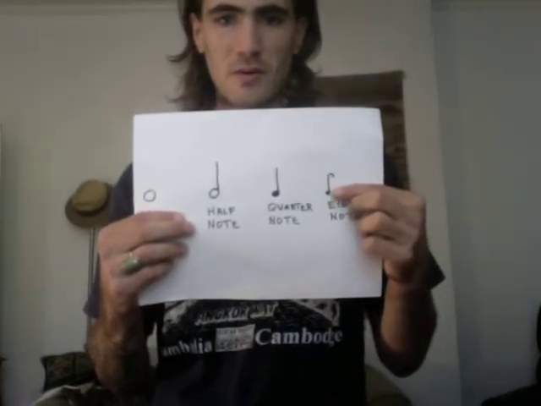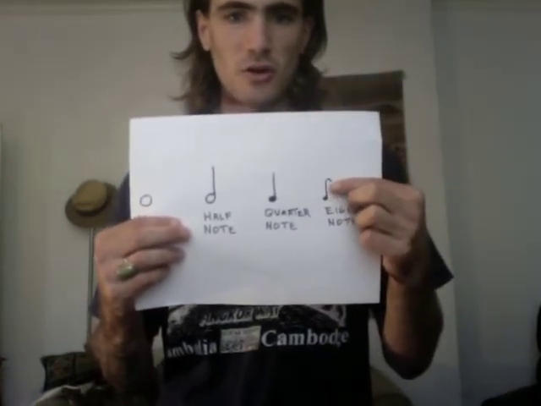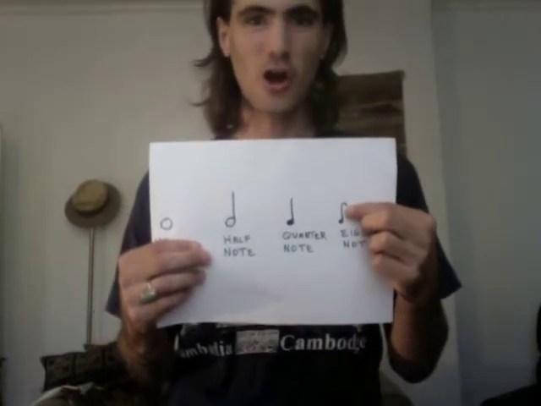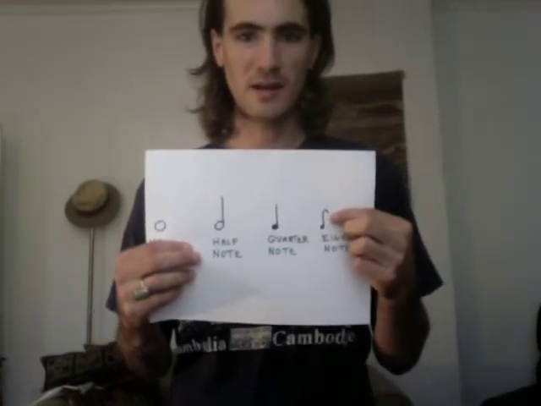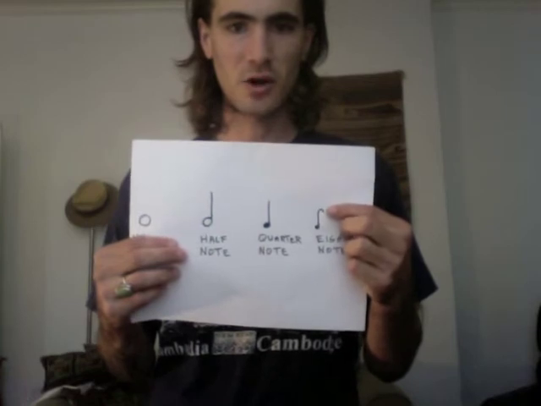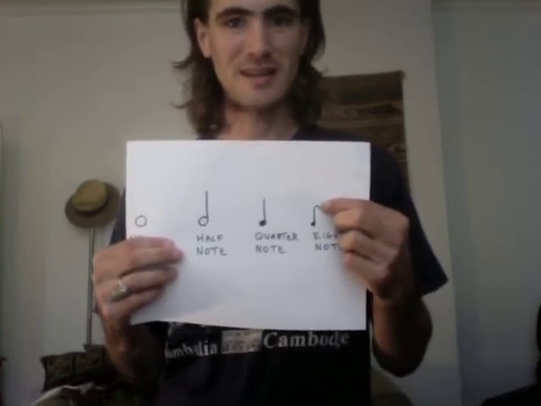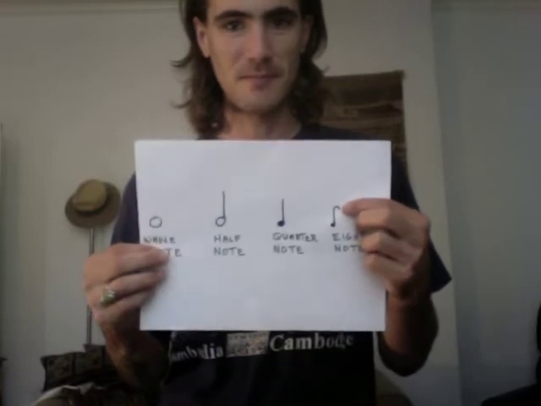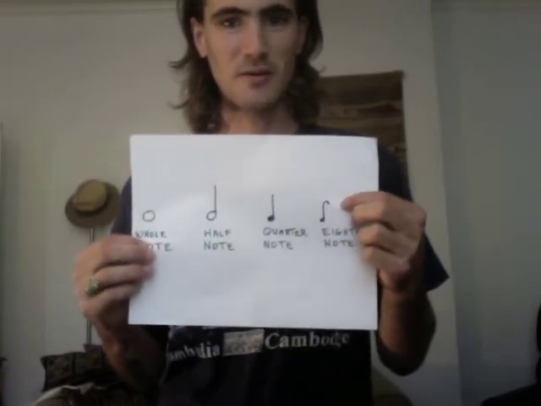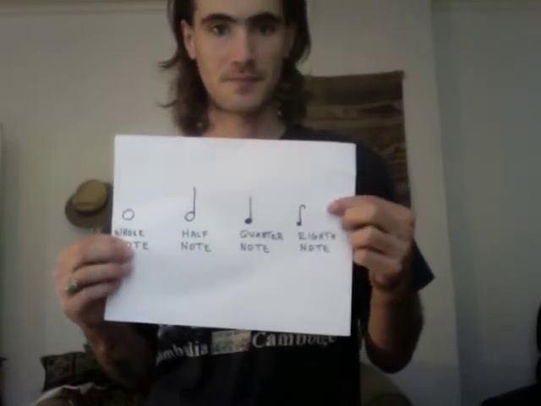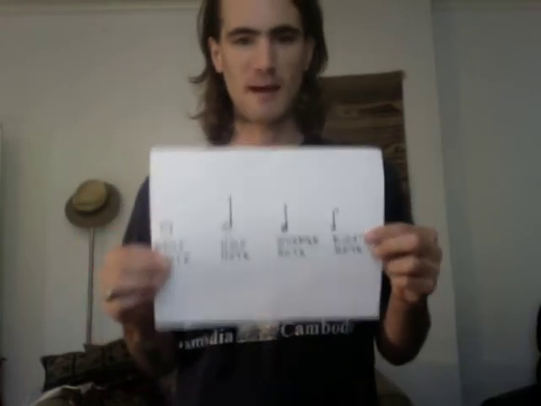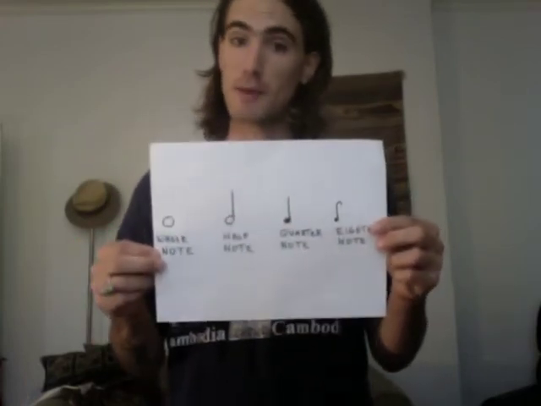The eighth note, which is the drawn in circle, and then our new piece of note anatomy is called a flag. There are notes with different amounts of flags on them. The eighth note has one flag. We will talk more about flags in a moment.